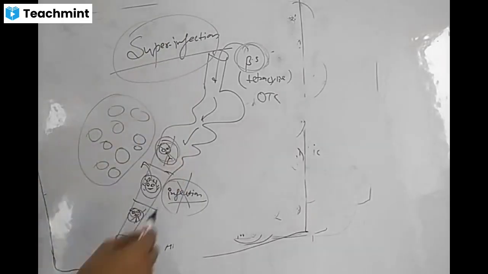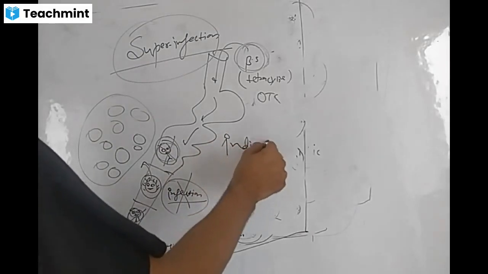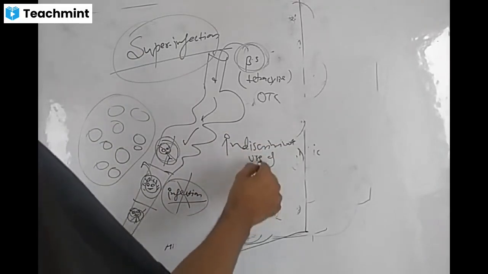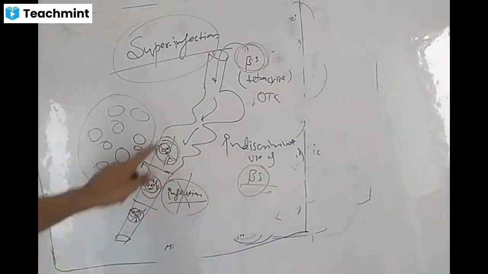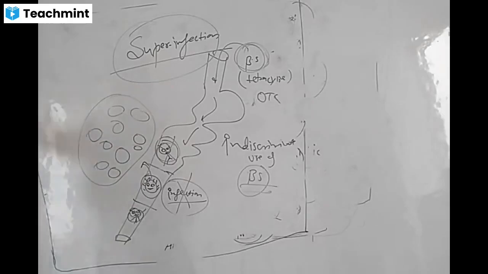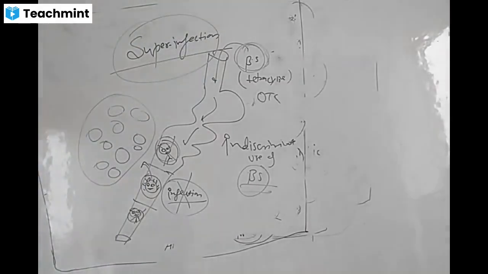And this super infection is because of the indiscriminate use of your broad spectrum. Because their spectrum is broad, they can kill normal flora as well as pathogenic. If normal is killed, pathogenic will flourish and multiply their number. Again, one more infection starts developing. So this is super infection. Same with your broad spectrum antibiotic like tetracycline.